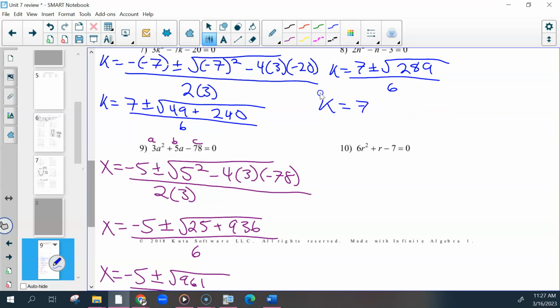So this would give us, what was that, 17? And then separate it. This is 7 minus 17 over 6 and 7 plus 17 over 6. What would our two answers be?